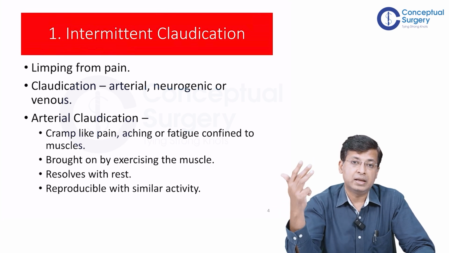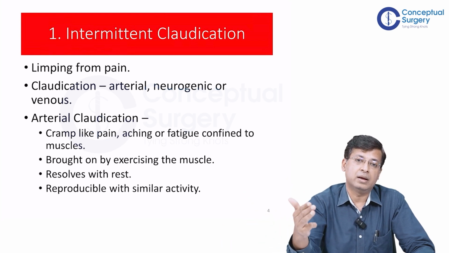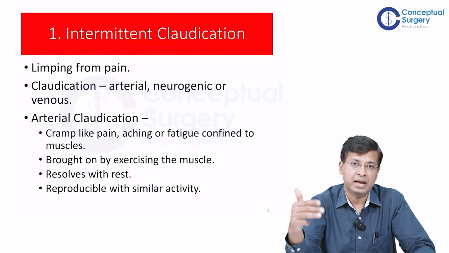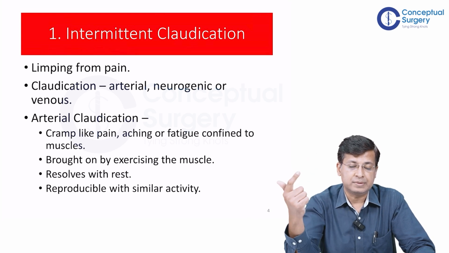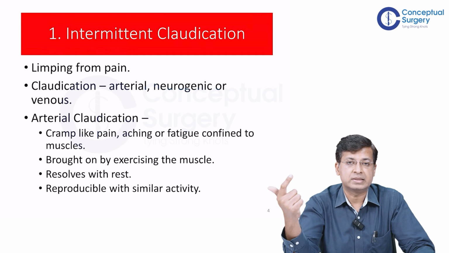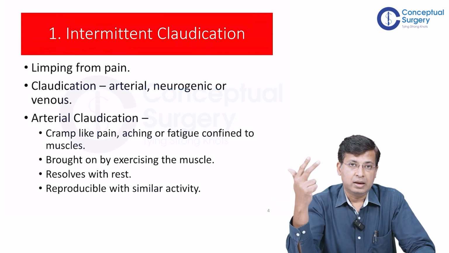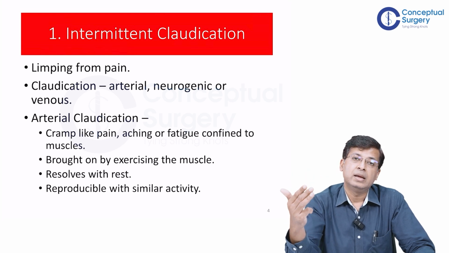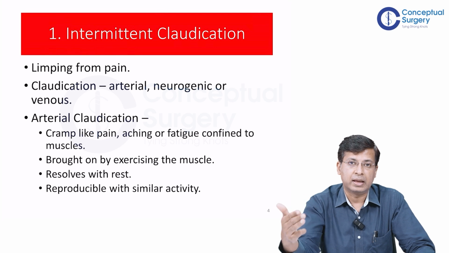Third, a similar activity of the same group of muscles will bring the same type of pain back again. So, these are the three things. One, the pain is not present at rest, but is brought out by exercising that muscle and is confined to that group of muscle. Two, it can disappear or improve with rest. Third, it can be reproduced by doing the same activity again.